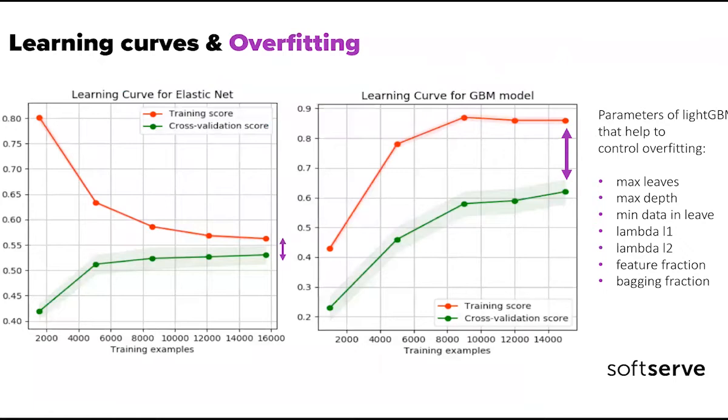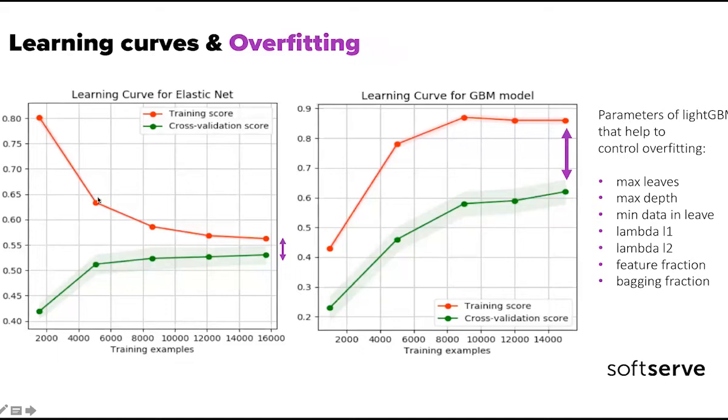One more thing to look at is overfitting and how the models are learning. It's also cool that these models are generally from different nature. So here on the left side, we can see ElasticNet and how different its scores are for cross-validation and for training.